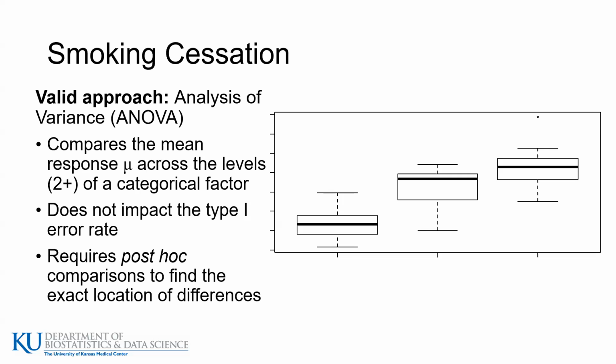One disadvantage of ANOVA is that it can only tell us that some difference exists between the therapies. It can't tell us where that difference exists. It can tell us that there is a difference in the treatment, but it can't tell us which treatment is the best out of the three.